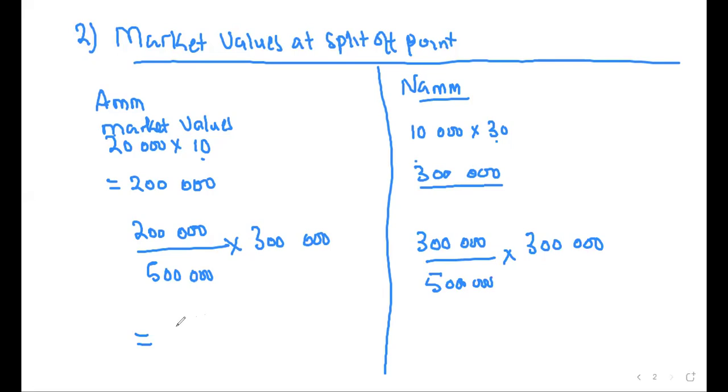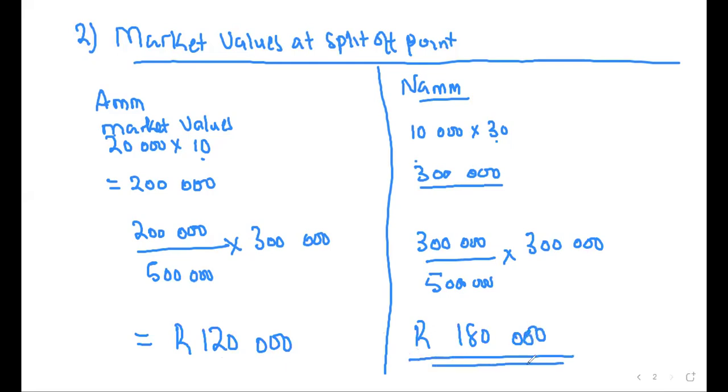So this one is going to have 120,000. And for this one, 300,000 minus 120 is going to be how much? 180, am I right? Yes. So this one is going to be 180,000. So that's how you allocate.